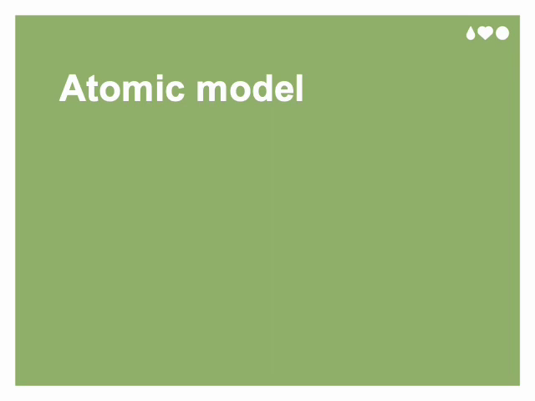Atomic model suggests that an atom consists of a nucleus, which is made up of protons and neutrons, surrounded by a cloud of electrons that orbit the nucleus. Here I'm going to briefly explain such model.